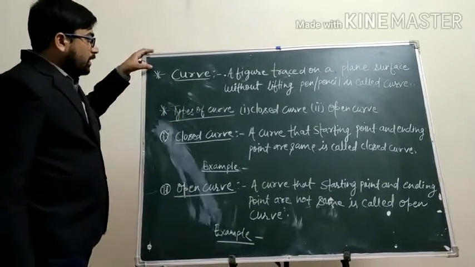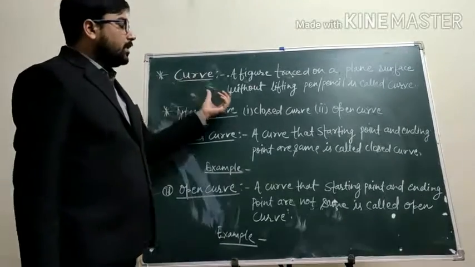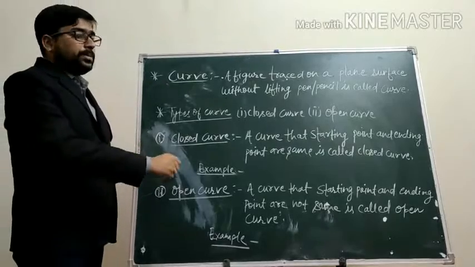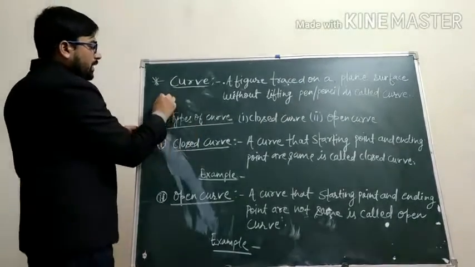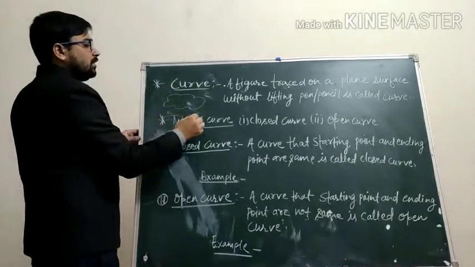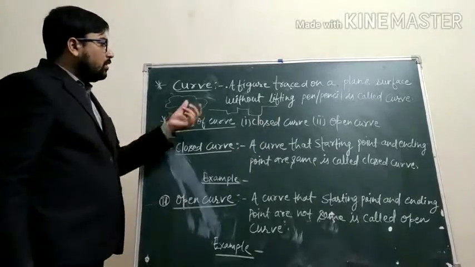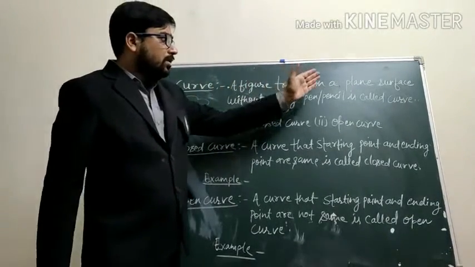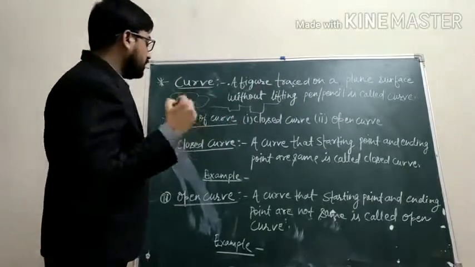chapter. What is a curve? A figure traced on a plane surface without lifting the pen or pencil is called a curve. You can draw anything like this. This is called a curve.